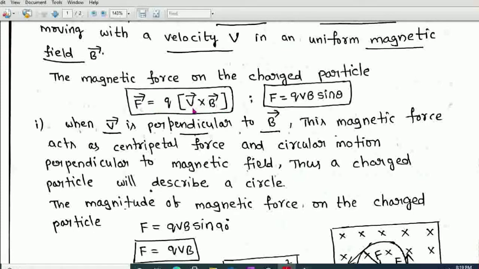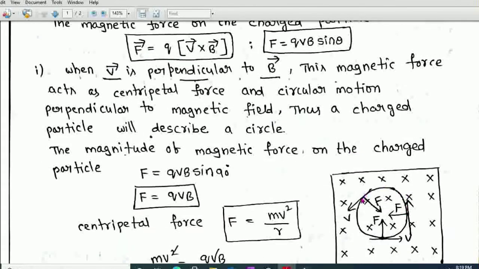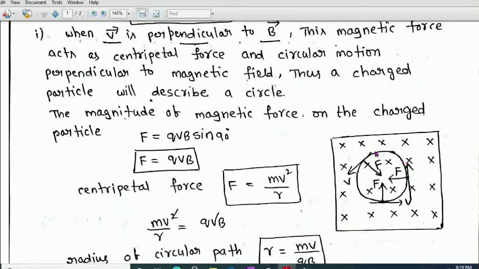That means if V bar and B bar are in the plane, F bar is perpendicular to the plane, and it acts towards the center of this circular path. As shown in the figure, this is the circular path described by the charged particle in the magnetic field. This is the magnetic field; the cross represents the magnetic field going into the paper, into the board.